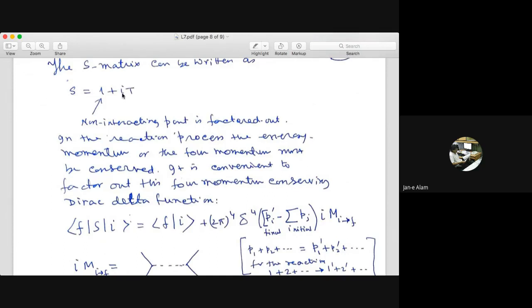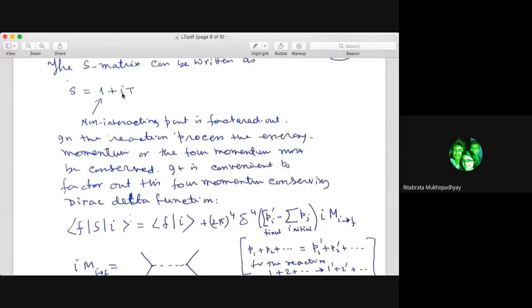Now any physical process which takes place must conserve energy and momentum. Suppose you have two particles going to two particles, with momenta p1, p2 for the incident particles, and p1 prime and p2 prime for the final particles.